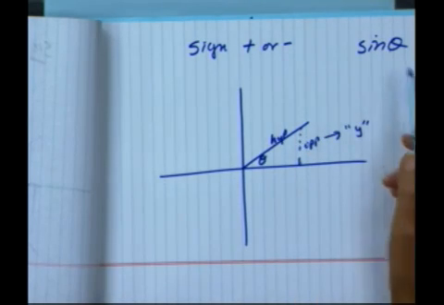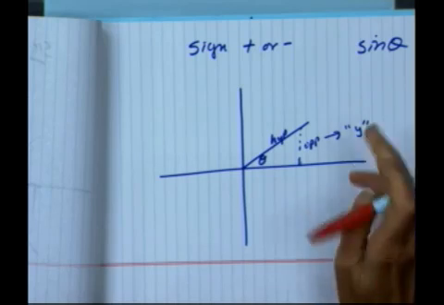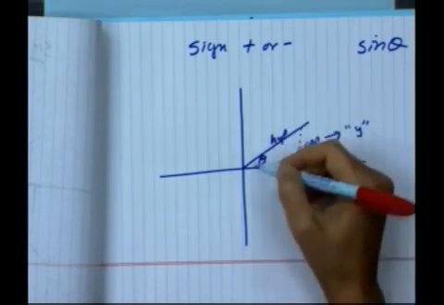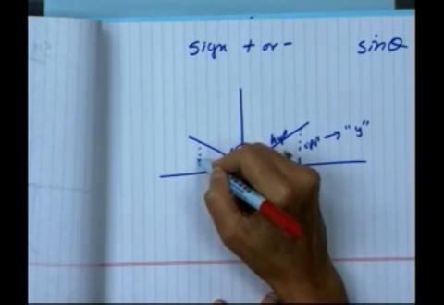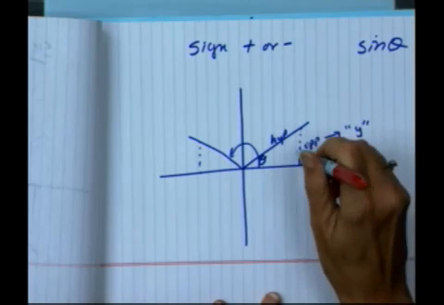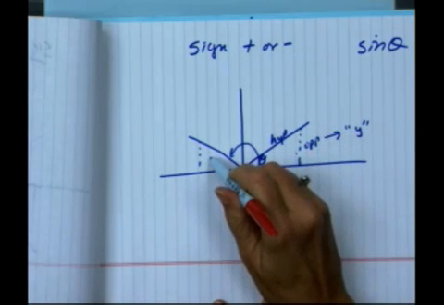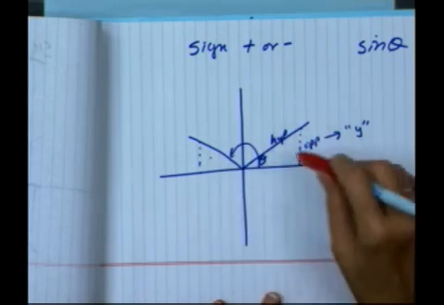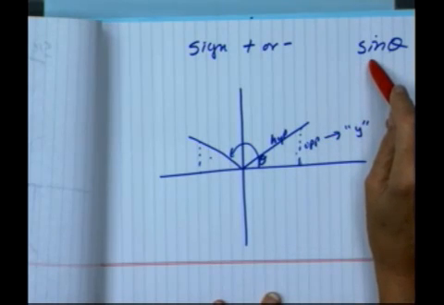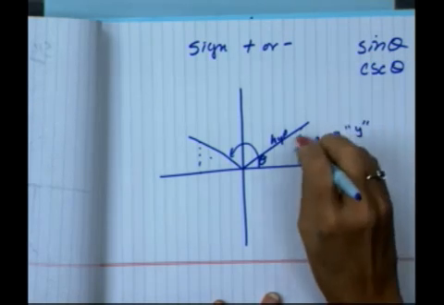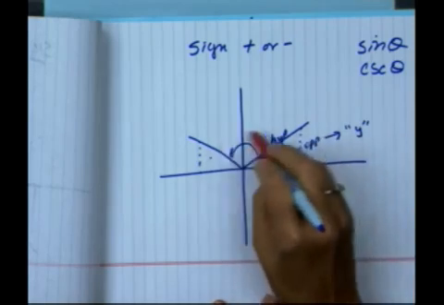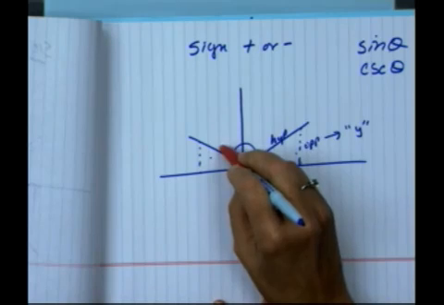What other quadrant has a positive sine? Second, because over here your y value is positive. So your sine is positive in the first and second quadrants. If you know sine, what other trig function do you know? Cosecant. So your cosecant is also positive in the first and second quadrants.